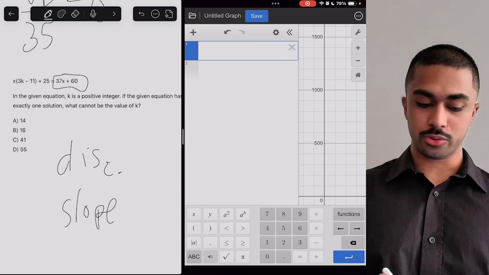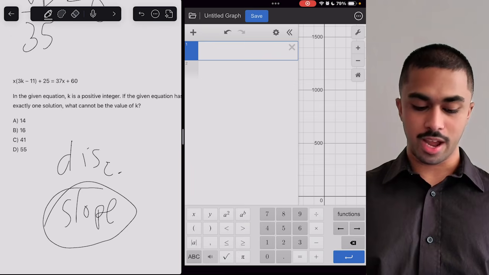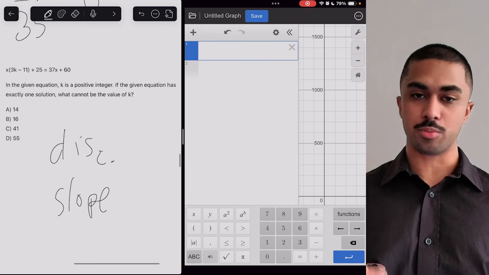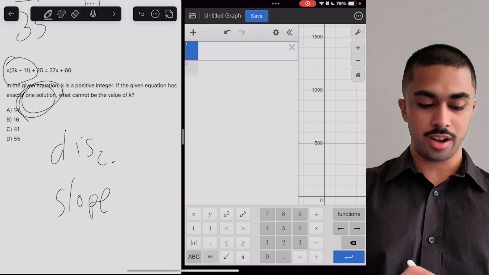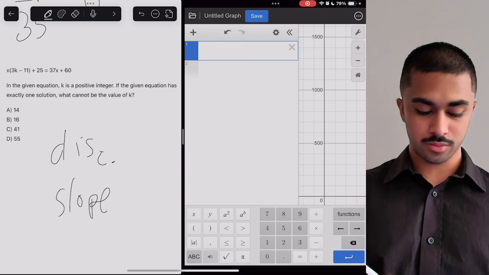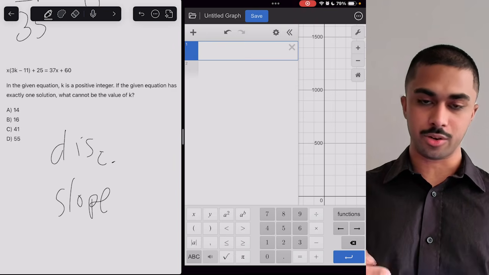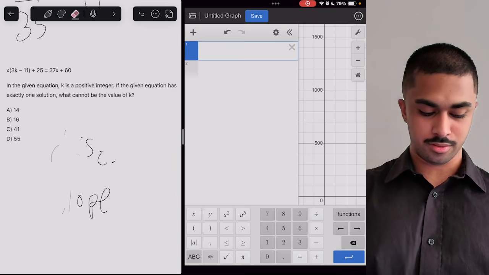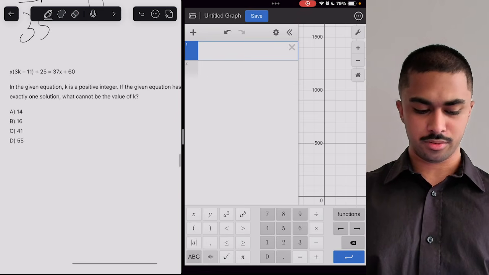This one is also not a parabola because it's x to the power 1. These are both lines. And since they're lines, whenever we see solutions and they're both lines, we just set the slopes equal to each other. It just always works. If there was a parabola, then we would have to do discriminant, and I think there's a question about that later in the video.